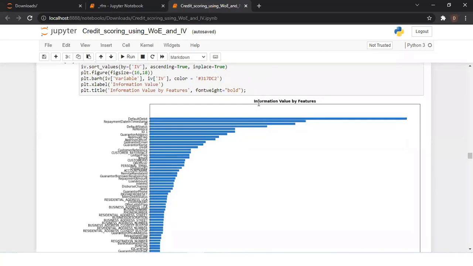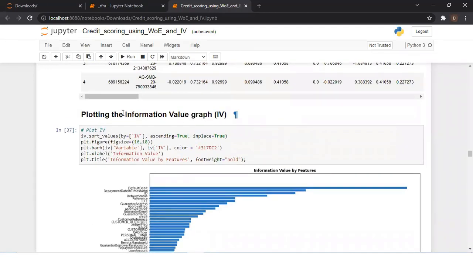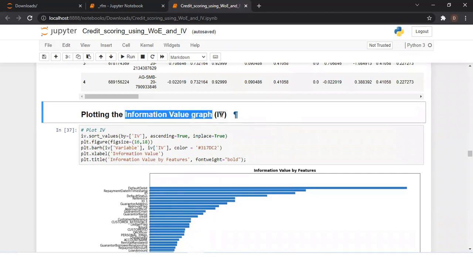Let's say only 10 or 20 variables are important. To identify those variables which are important in terms of creating that credit score, this process is done using this information value graph, or IV graph.